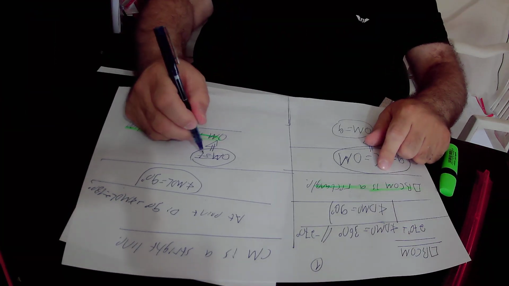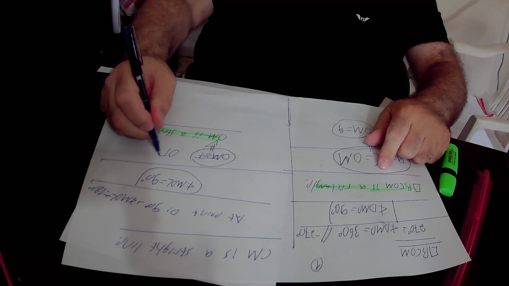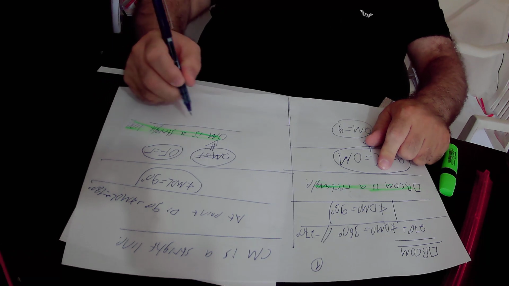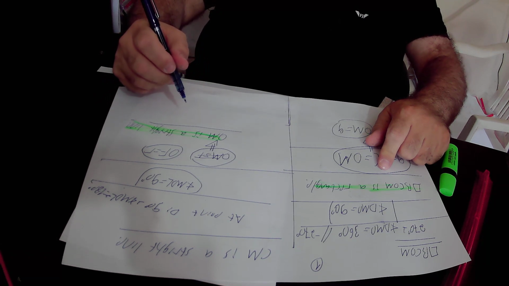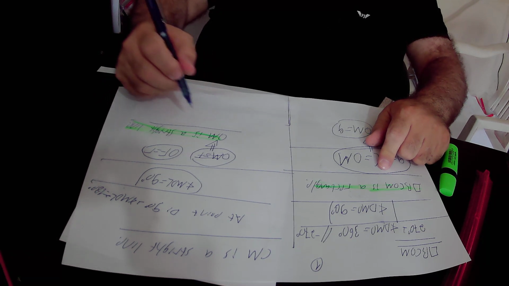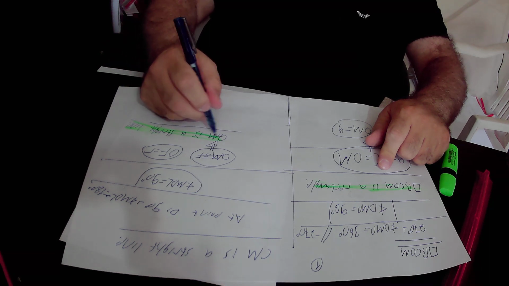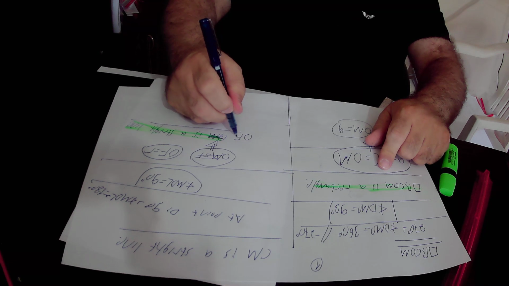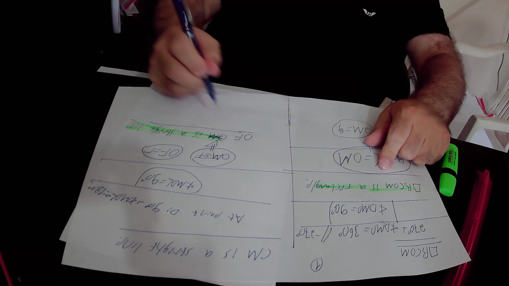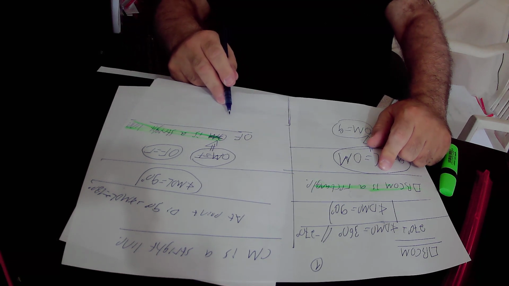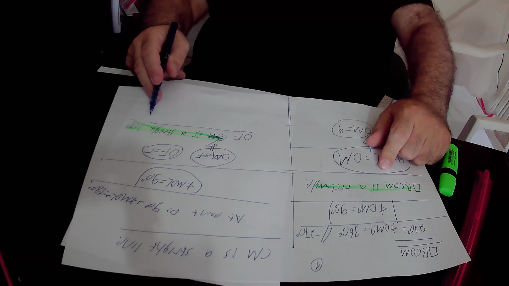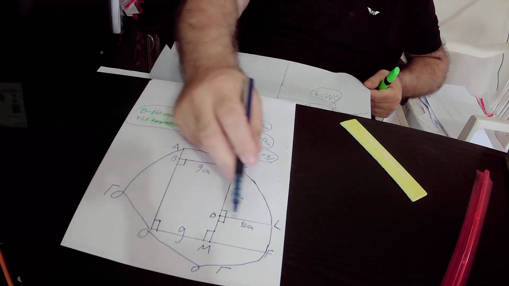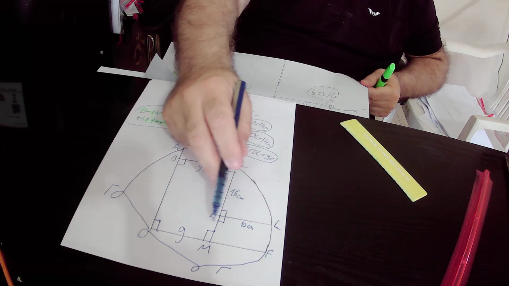Here, OF equals R. It is the radius of the quarter circle. OF must be a straight line, of course.